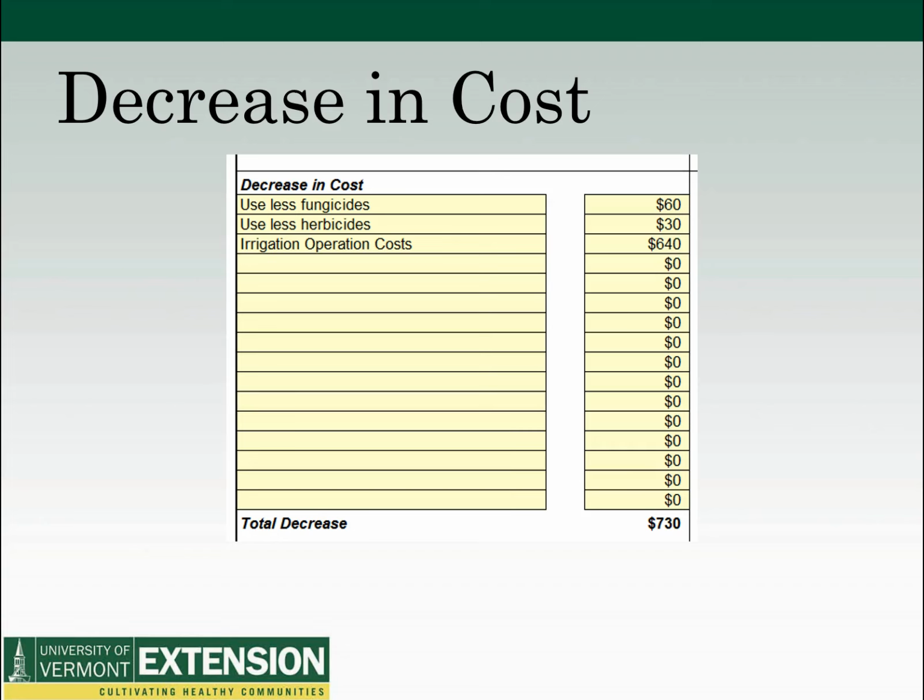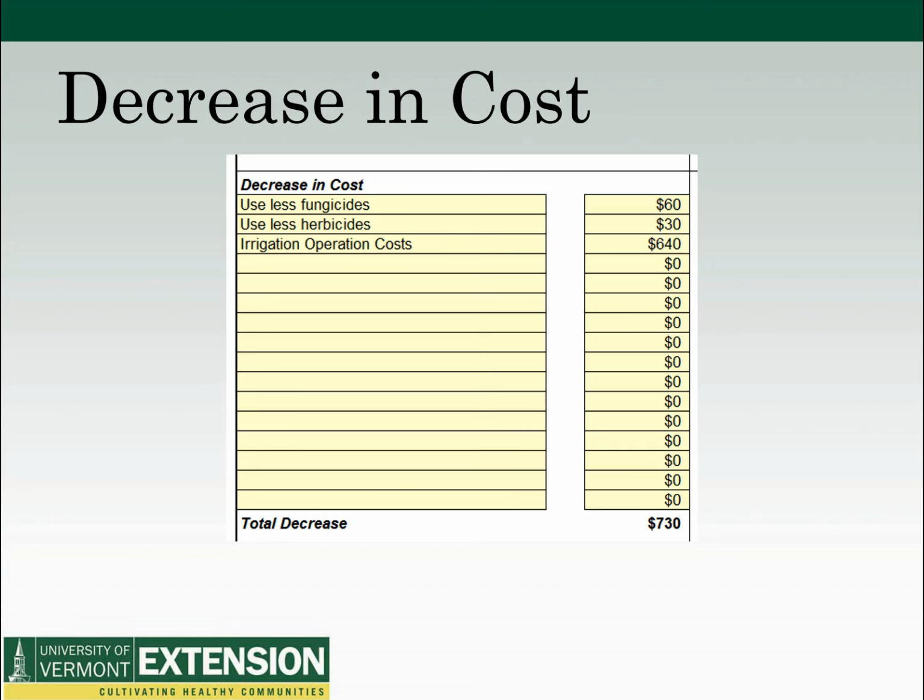Slight savings in fungicides and herbicides; they're still basically going to be following the same procedures for fungicide applications and herbicide applications, but a little bit of savings there. The big savings is going to come in irrigation operation costs. And this boils down to a savings in machinery operation costs and a savings in labor costs.